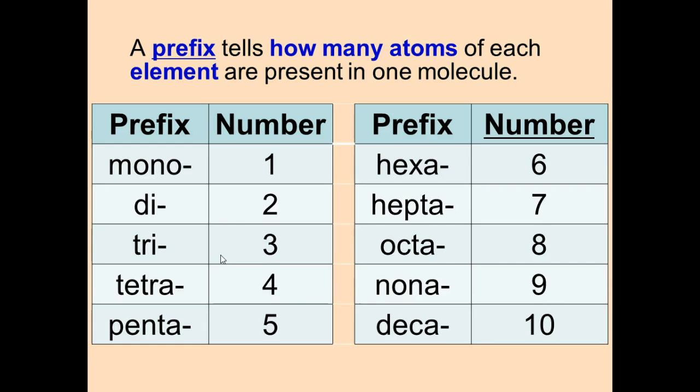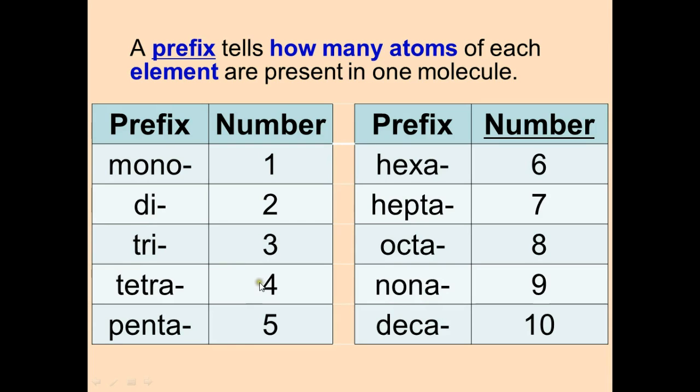And here's a quick review of the prefixes again. So mono is 1, di is 2. So think of like dissecting an angle, like we cut an angle in half, and then mono, think of like monorail, so like a train with 1 rail. Tri is for like triangle, so 3 edges.